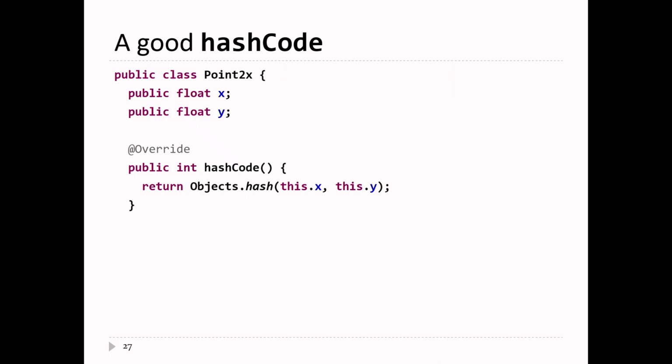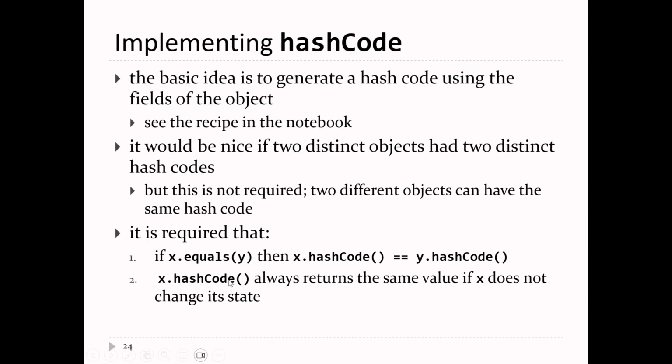But what you can't do is use more fields than equals is using to compute the hash code. If you do, then the requirement back here, that if two objects are equal then their hash codes are equal, will no longer be true.